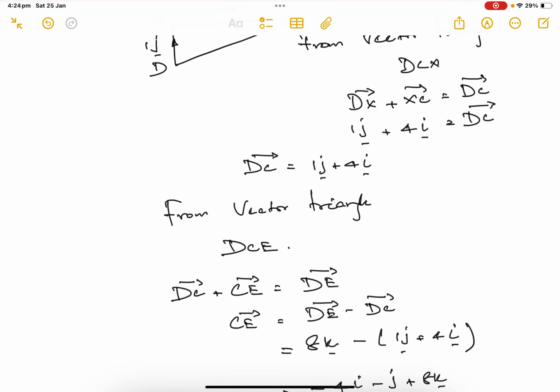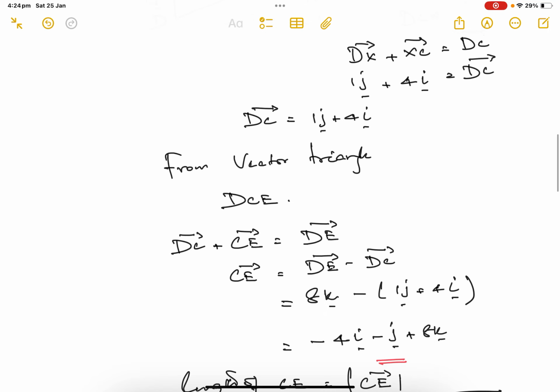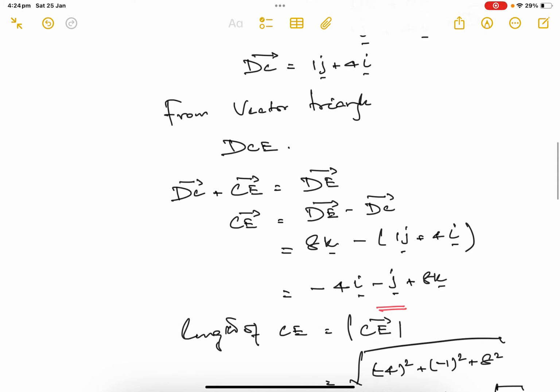From the triangle, we go back to that first vector triangle DCE. Now we know DC. We need to find CE, but we know DE, that is 8k as well. So CE, if you take DE minus vector DC.